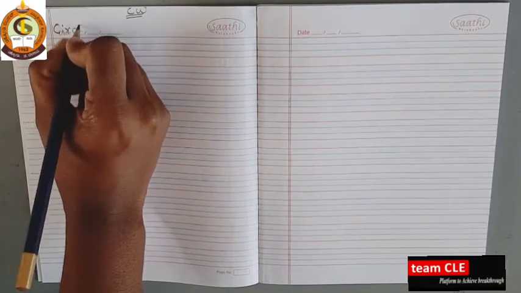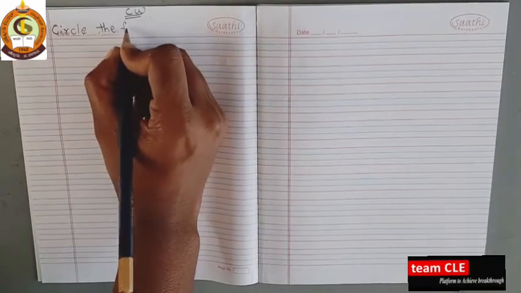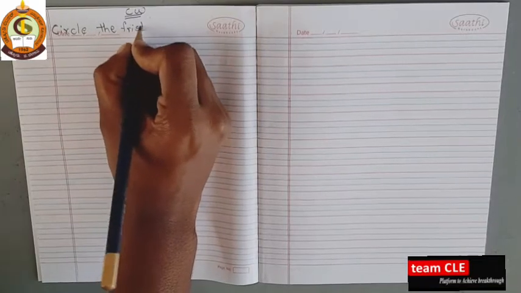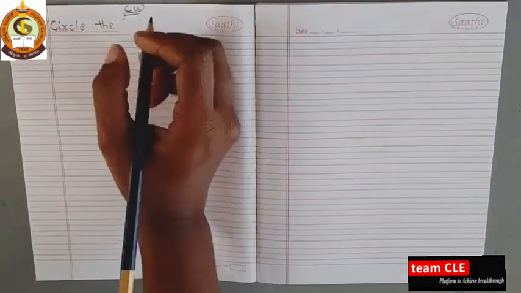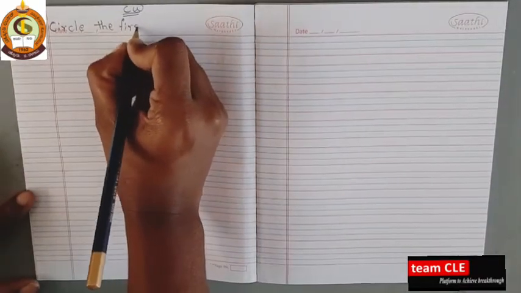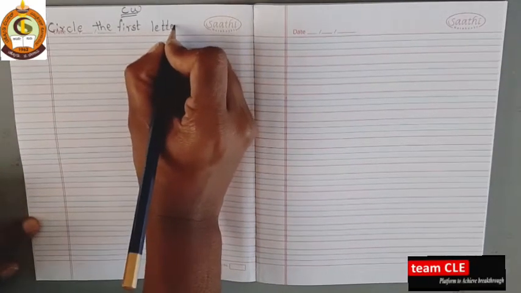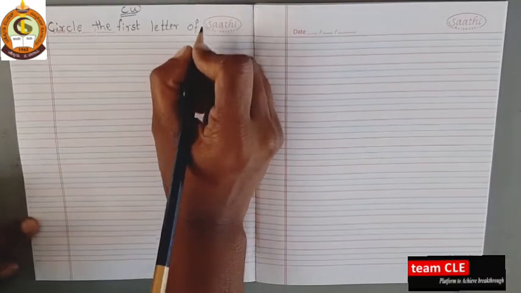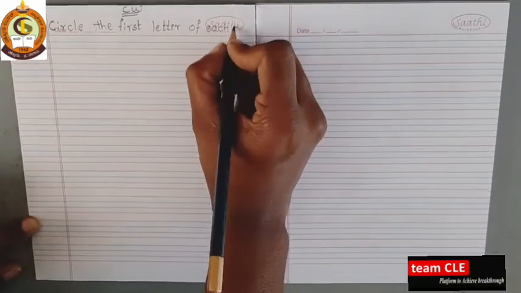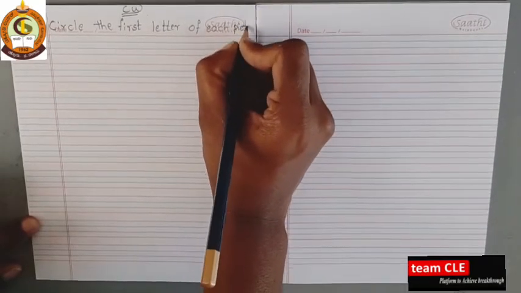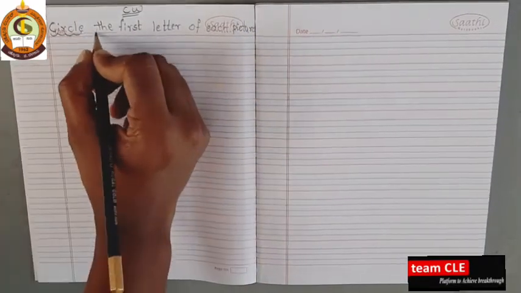Circle. The. First. Letter of each picture, and put an underline.